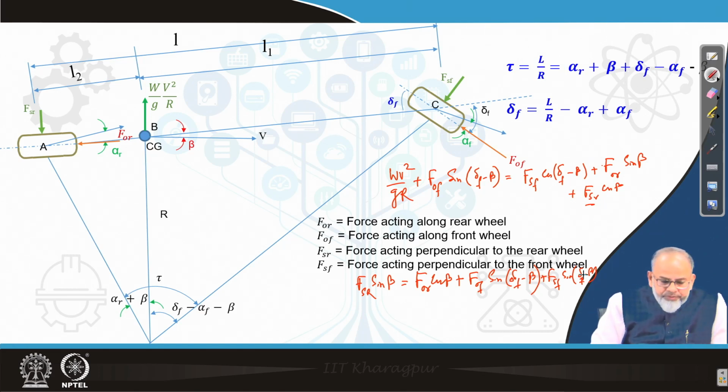Now, taking moments about the CG and equating it to 0, as there is no external moment applied at the CG.